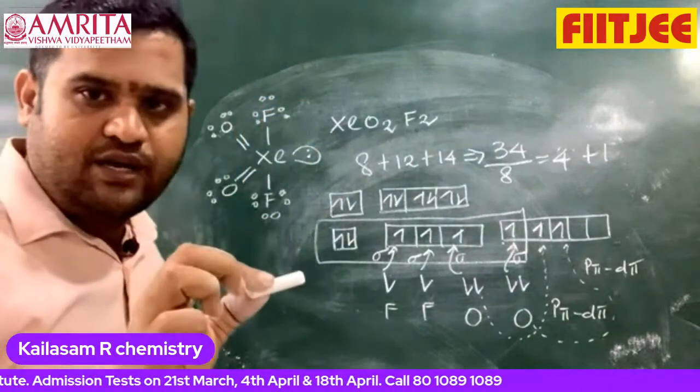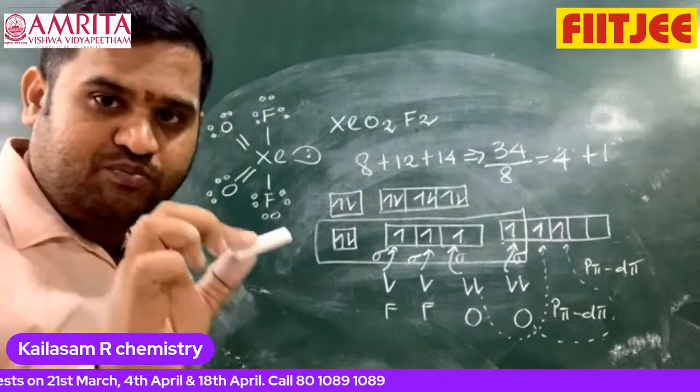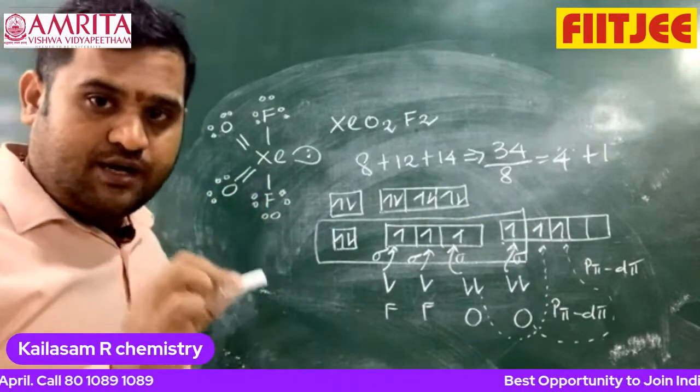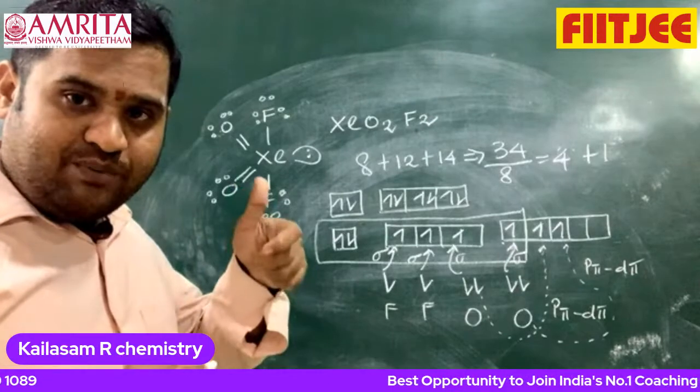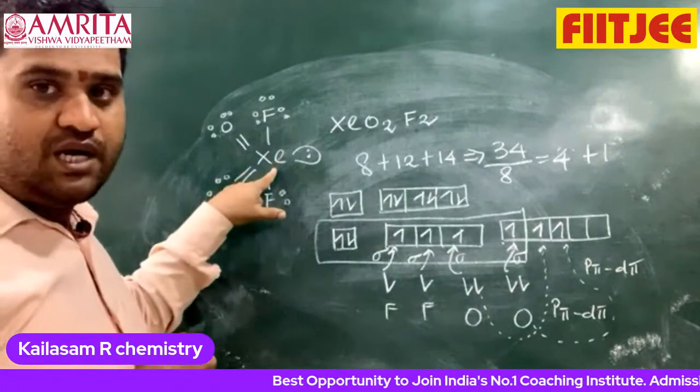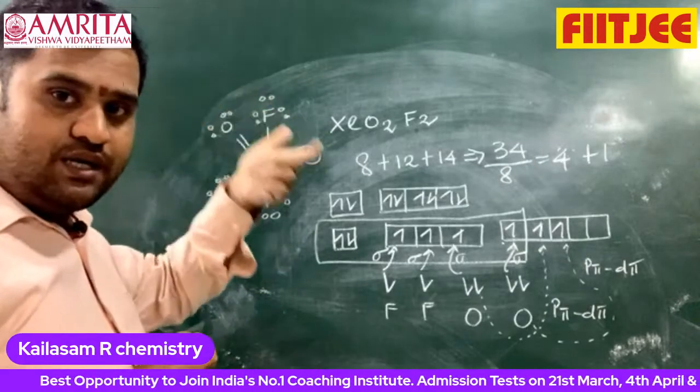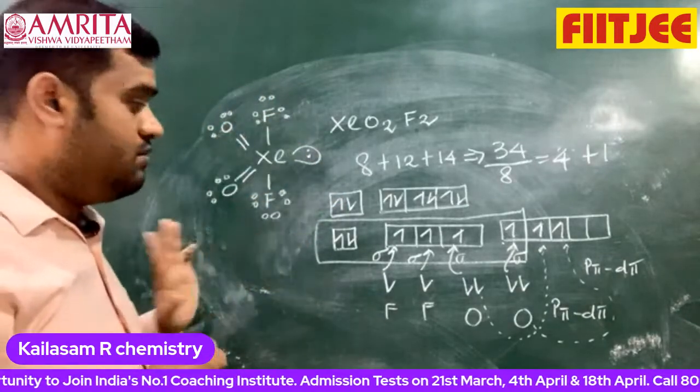I have 11 lone pairs in the entire molecule of XeO2F2. If they ask about the central atom of xenon, it is 1. If they ask about the entire molecule, you should add everything.